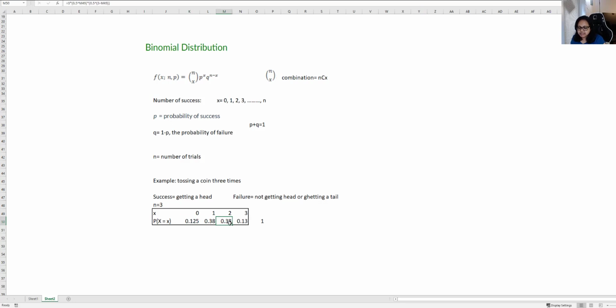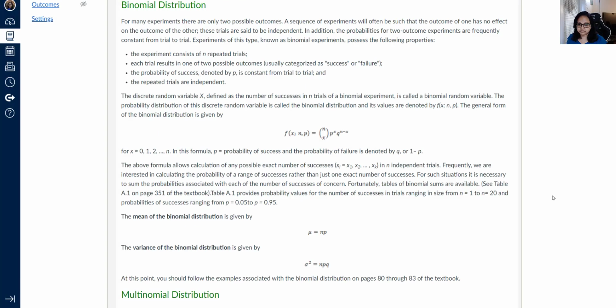Let's say the probability of getting 2 heads, that means 3 choose 2, and then 0.5 power 2, and then 0.5 power 3 minus 2. That's how I calculated them. If you sum all these probabilities, you will see that they are exactly 1. And then in the binomial distribution, we can easily find the mean and the variance of the distribution.